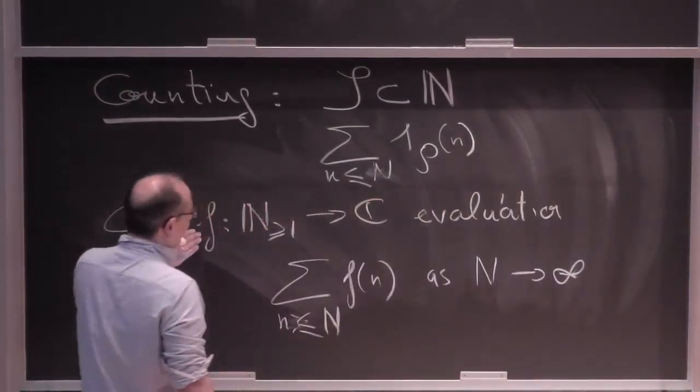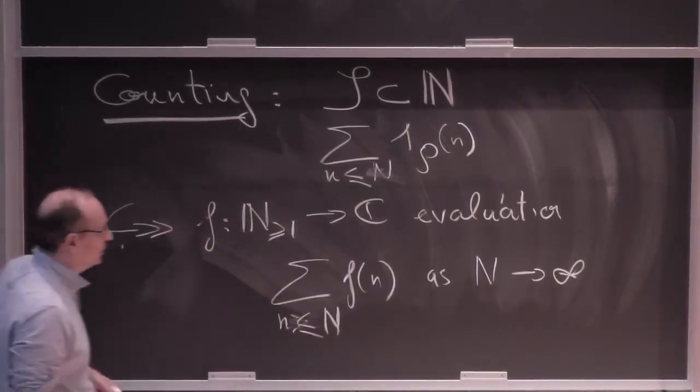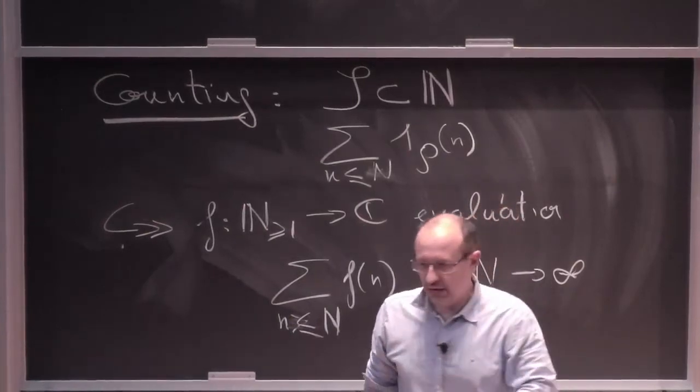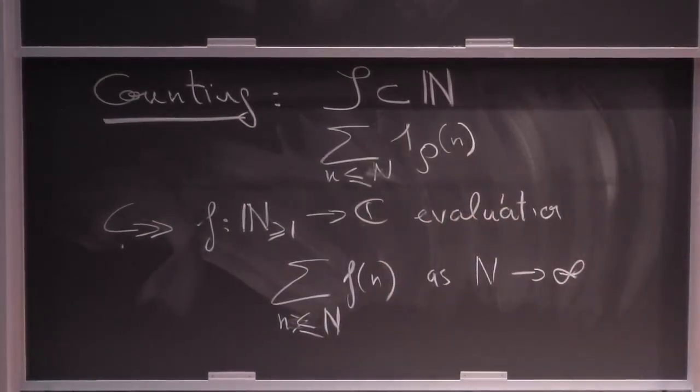Such a function on the positive integers is called an arithmetic function. It's really not something much complicated. And analytic number theory revolves a lot around evaluating these partial sums of arithmetic functions.